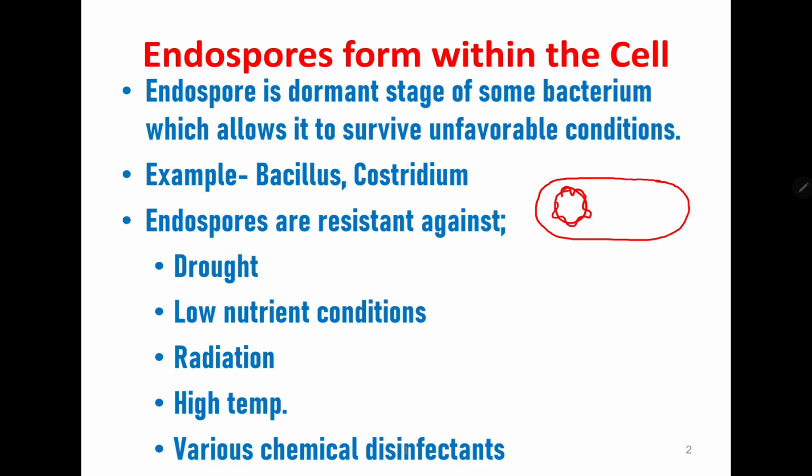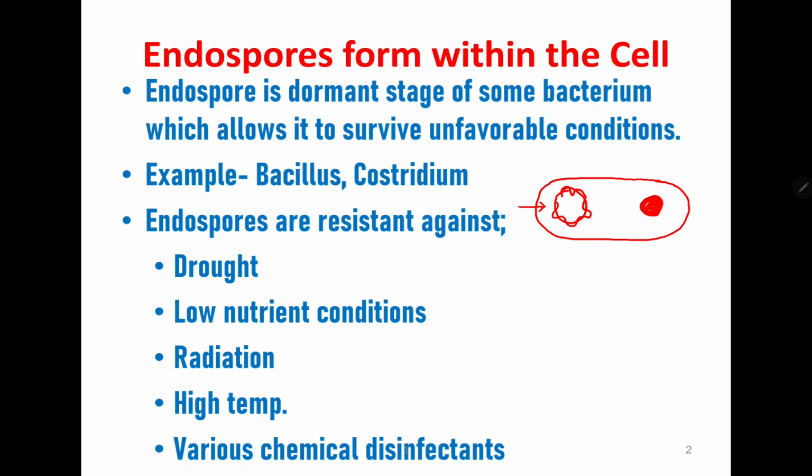Whenever bacteria go through an unfavorable condition, in that unfavorable condition, this bacteria, for surviving, for saving themselves, for protecting their genetic material, will form one dormant stage within the cell.